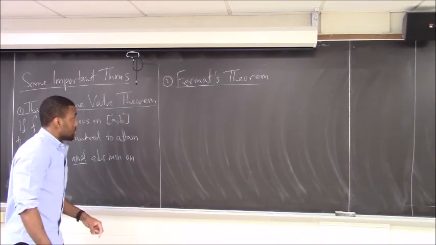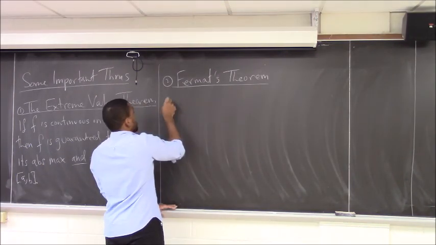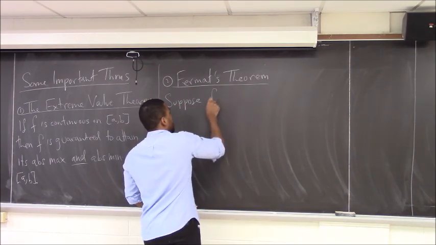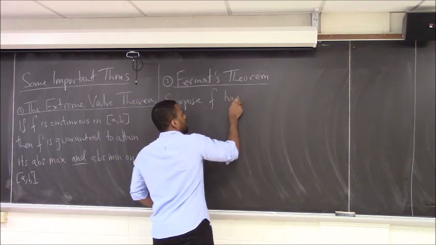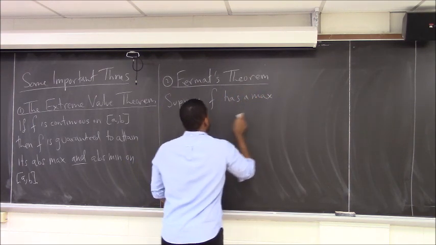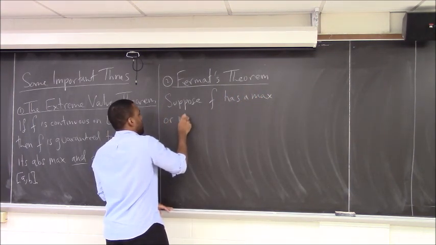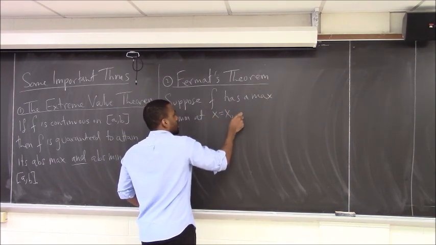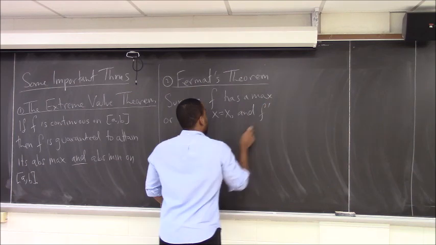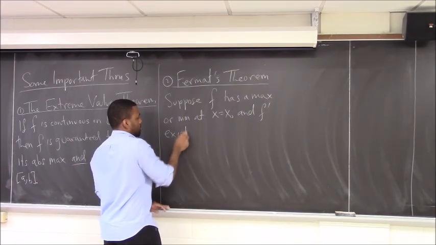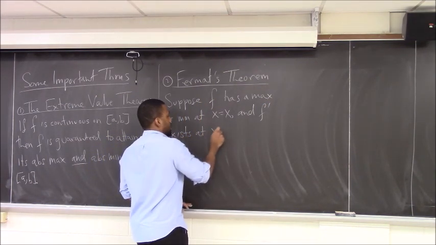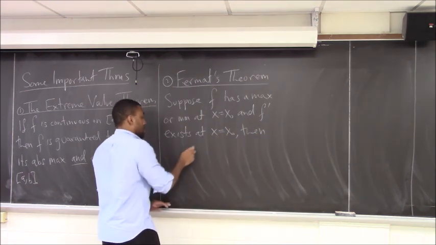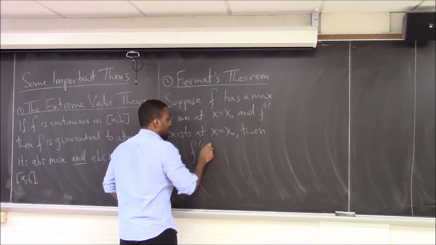And this is the theorem that says the following. Suppose f has a maximum or minimum at x equals x naught, and f prime exists at x equals x naught, then it turns out that we know what f prime has to be.